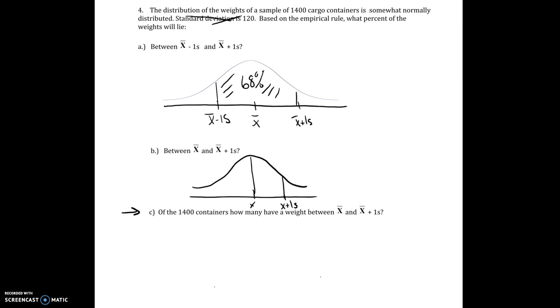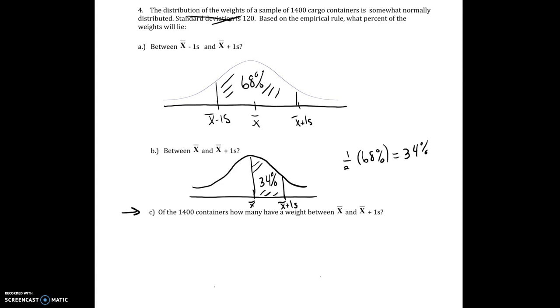So if 68% is one standard deviation on either side, then half of 68% is 34%. We'd have 34% of the values between the mean and the mean plus one standard deviation.